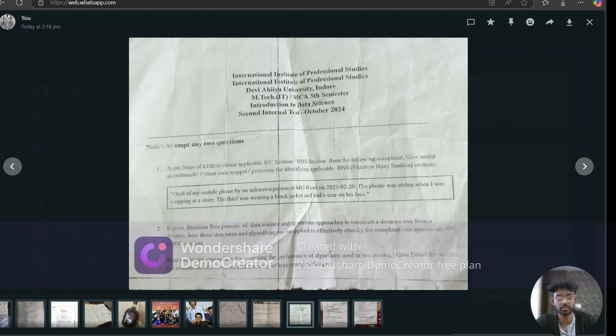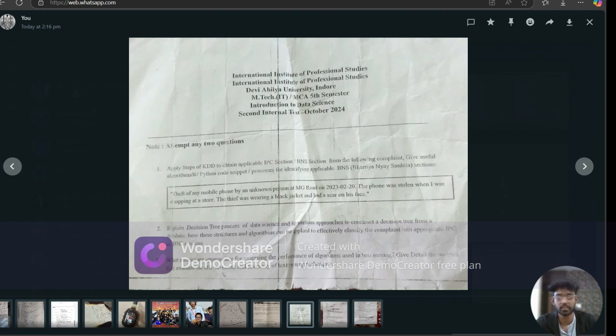First, text processing. Use the NLTK library in Python to pre-process the complaint text. Now, TF-IDF vectorization. Use the scikit-learn library in Python to convert the pre-processed complaint into a TF-IDF vector.